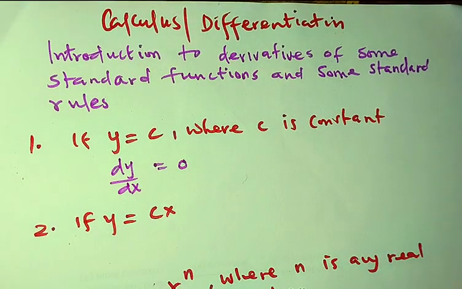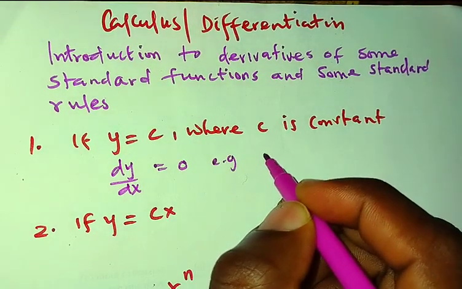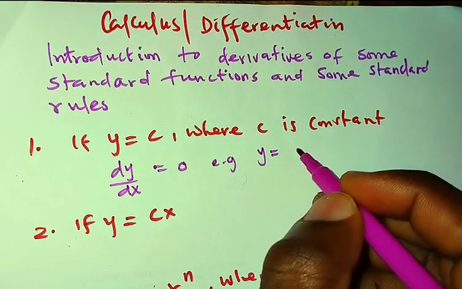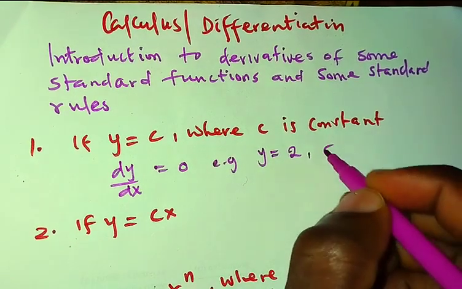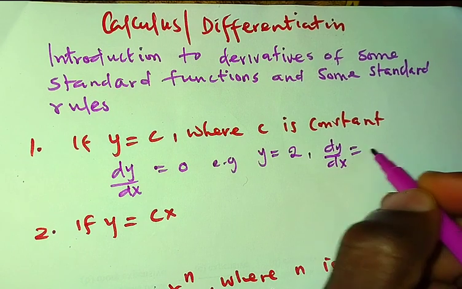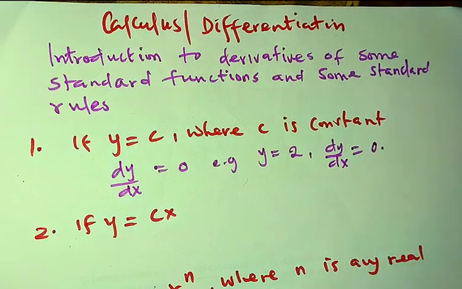So therefore this is to tell you that, for example, if you have y equals 2, therefore dy/dx is equal to what? Equals 0. So anytime you are differentiating a constant value, the differentiation is going to be 0.